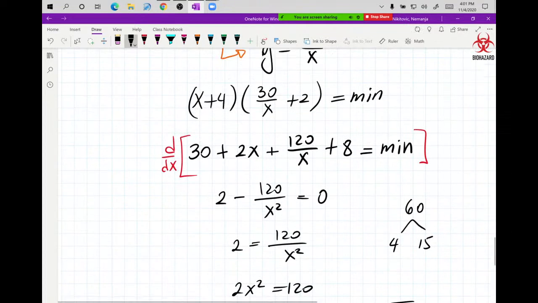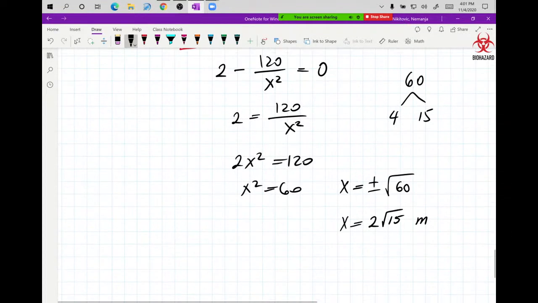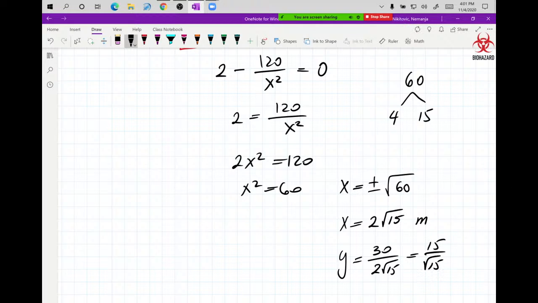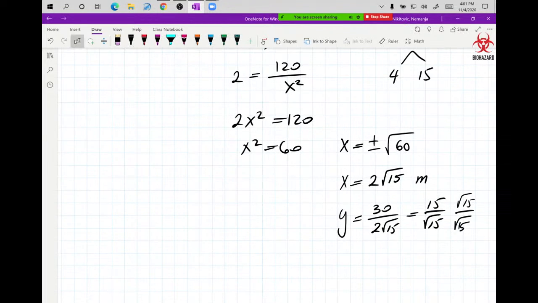And then you can plug that into the equation 30 over this, which is 15 over root 15. Then you hit both sides with the root 15 to rationalize it. Oops. And we get that y is equal to root 15.